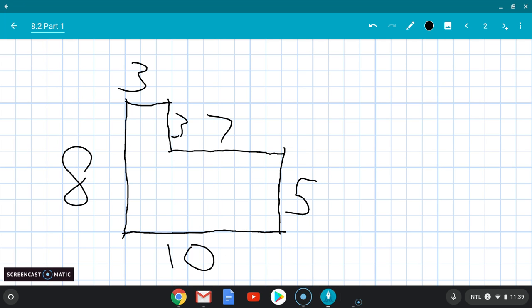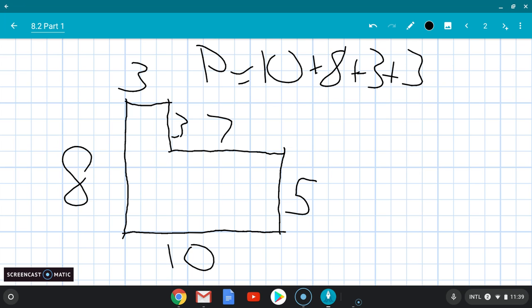And then you just have to figure out what the perimeter of this whole composite figure is. So we're just going to add up all of these side lengths. So P is going to equal, going around, 10 plus 8 plus 3 plus 3 plus 7 plus 5. And again, you can use a calculator.